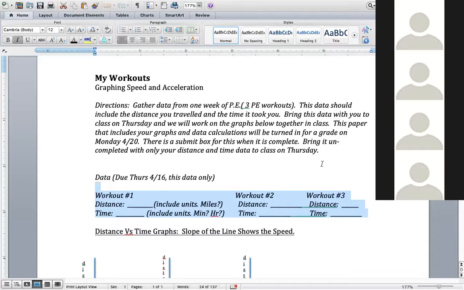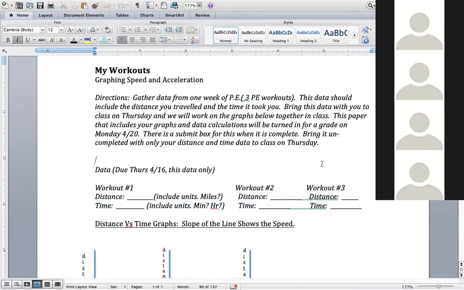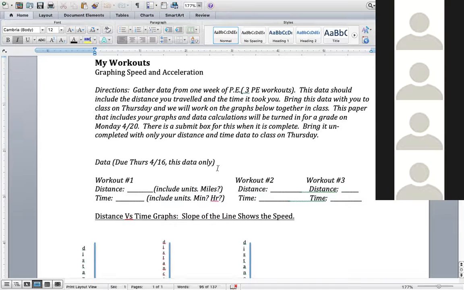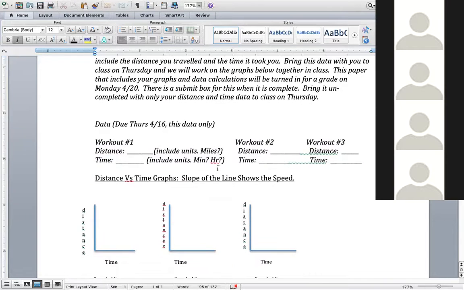Trevor talked to me about the fact that he does weightlifting instead of something with distance. And we chatted about how he might be able to use that data, or he was just going to bring some data that he might have done. Okay, anyway, so that is what you're bringing with you today.